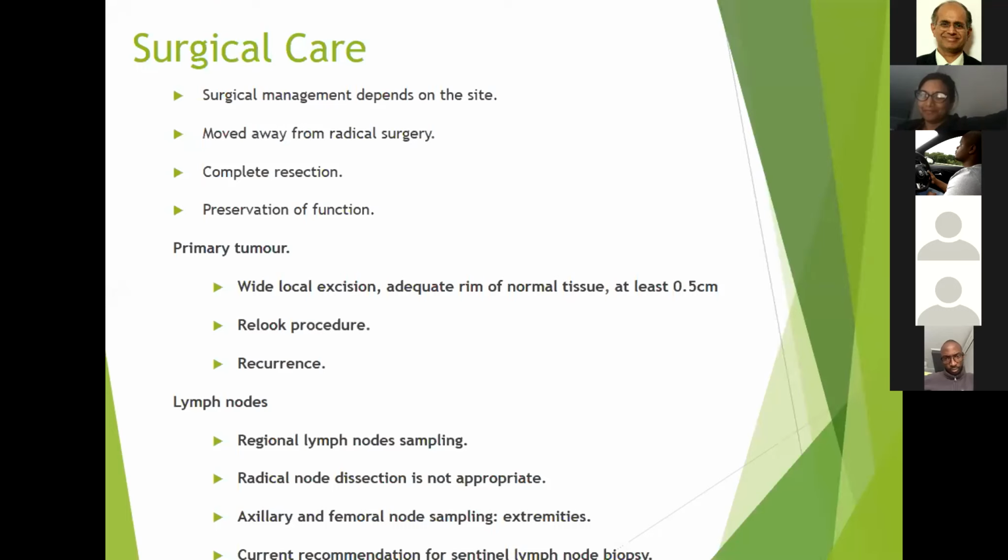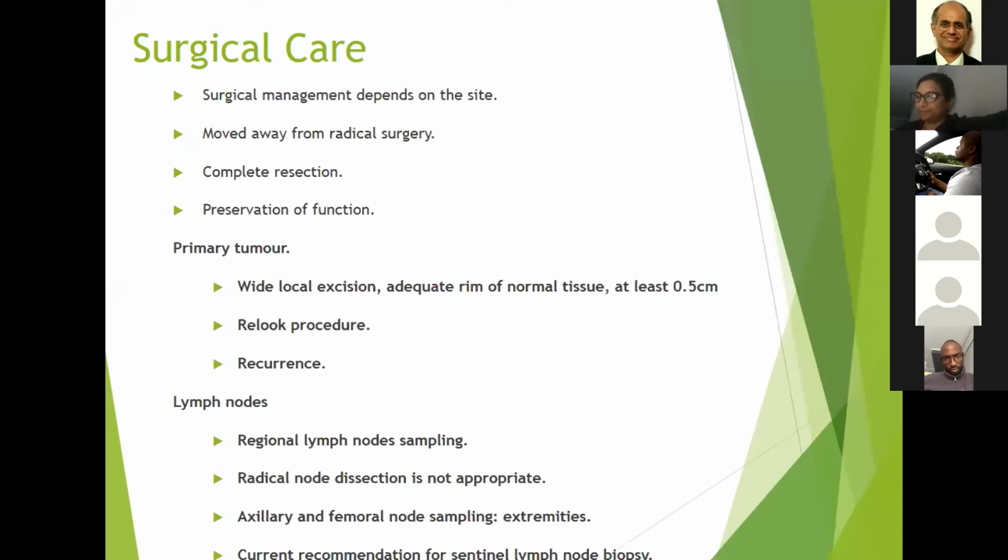With the surgical approach, there's been a move from the vertical surgical approach to a more multimodal form of management.